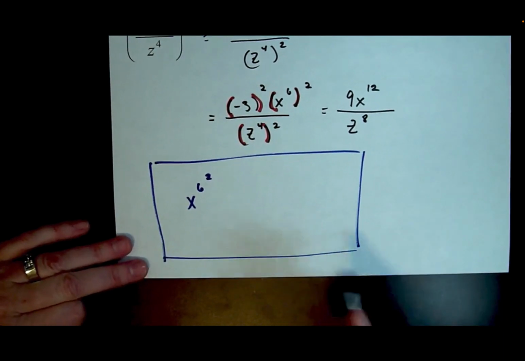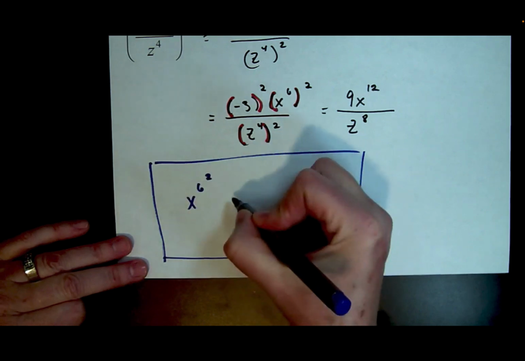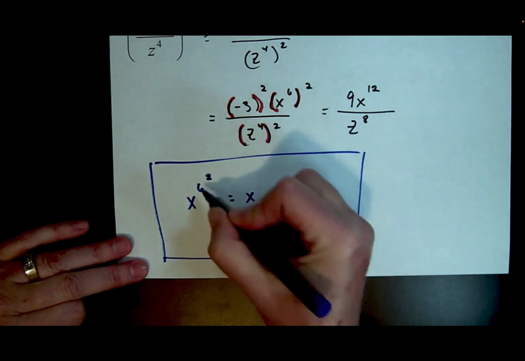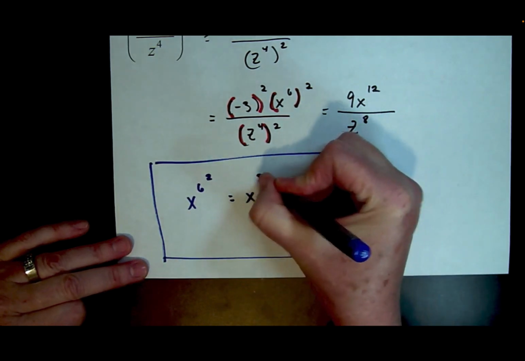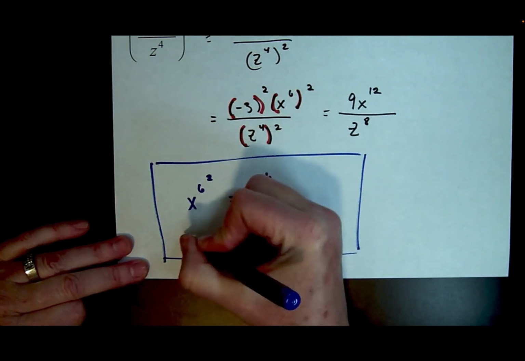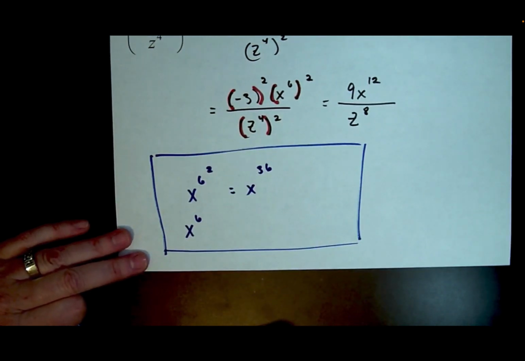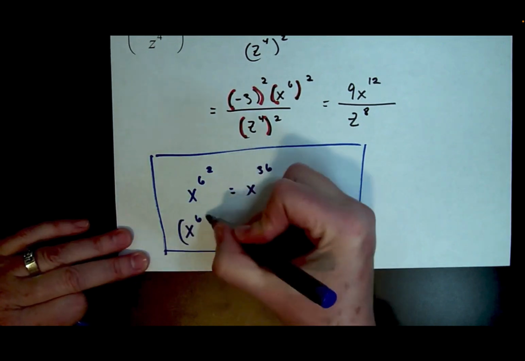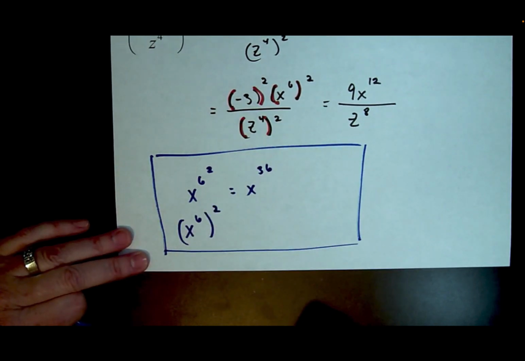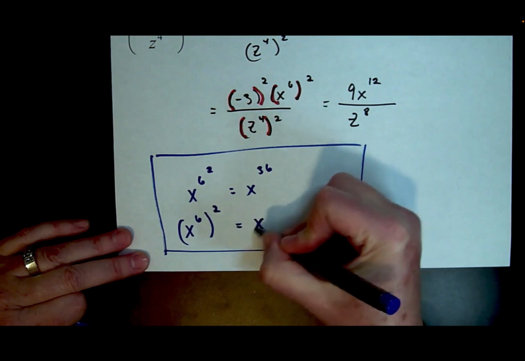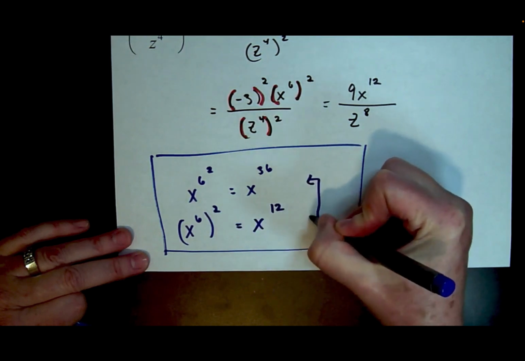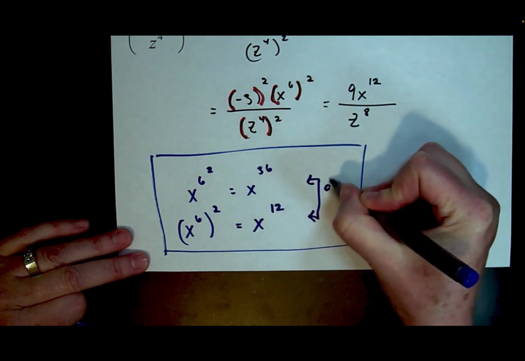I don't know who or when, but it's been decided that if you write this, what is meant is that you're squaring the 6, and 6 squared would be 36. Whereas if you want to say that I've got x to the 6th, and I'm not squaring the 6, but I'm squaring the x to the 6th, then everyone's agreed that you're going to put parentheses around x to the 6th, and that's x to the 12th, which of course is different.